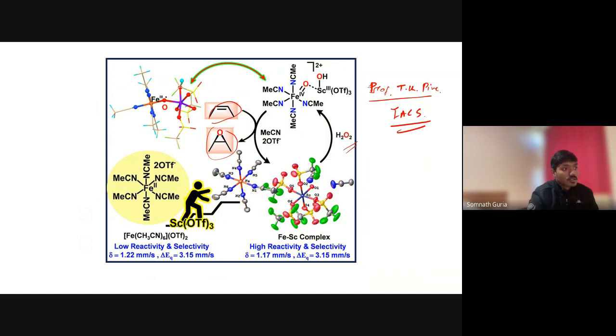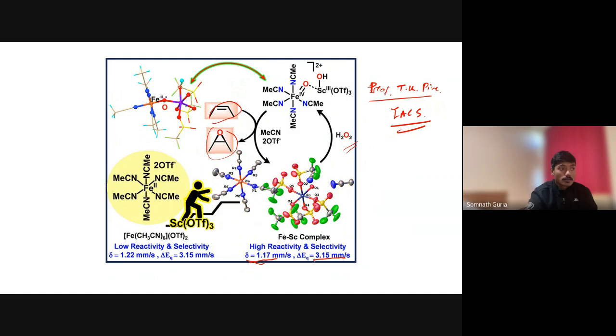Okay, this species has been isolated. This oxo species has been isolated by Mossbauer spectroscopy, where it is found that the delta EQ value for this iron(IV) oxo species is 3.15.